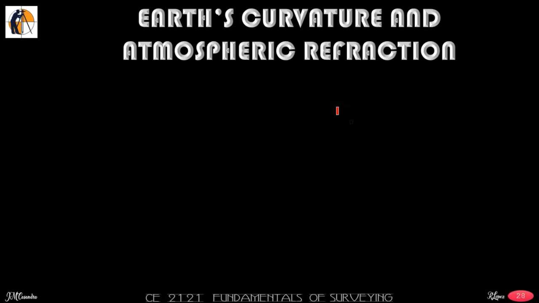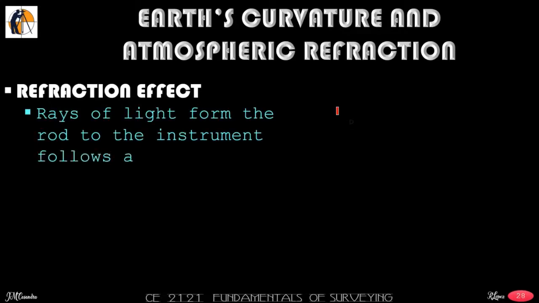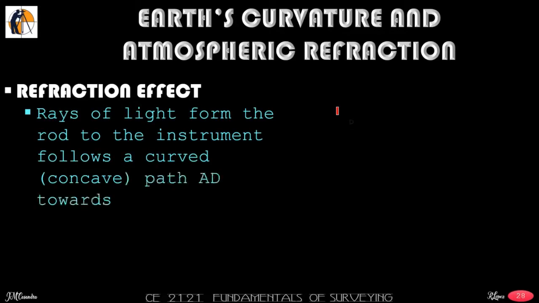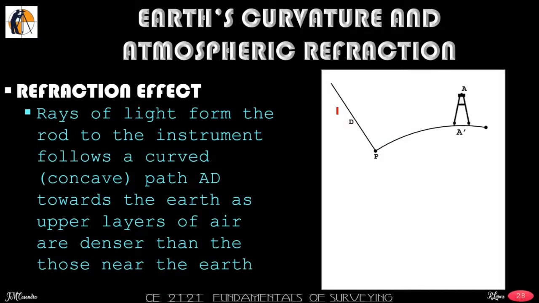And then next, we have the refraction effect. As we know, rays of light are bent because of refraction. The rays from the rod to the instrument will follow a curved or concave path AD towards the Earth, as upper layers of air are denser than those near the Earth.